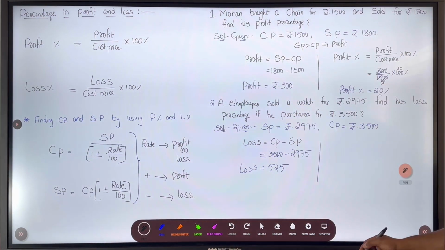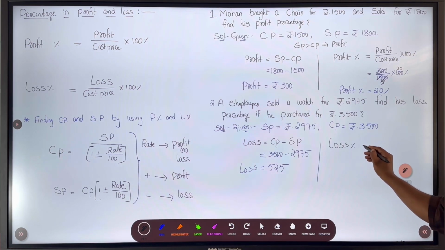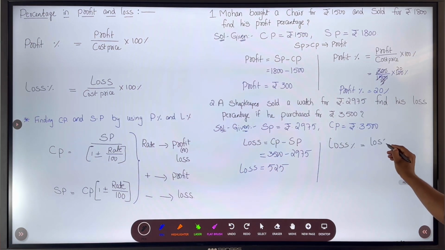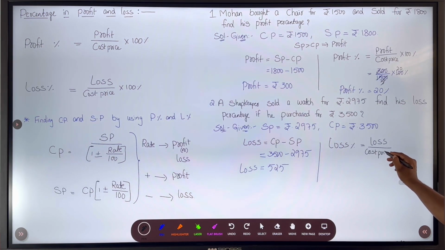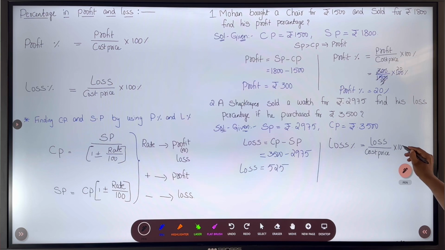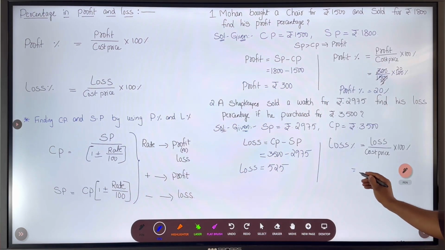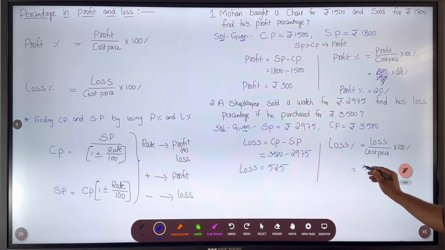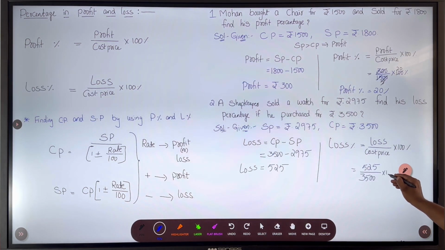Then we need to find loss percentage. We got the loss, right? So loss percentage equals loss by cost price into 100%. The loss is 525 by the cost price 3,500 into 100%.